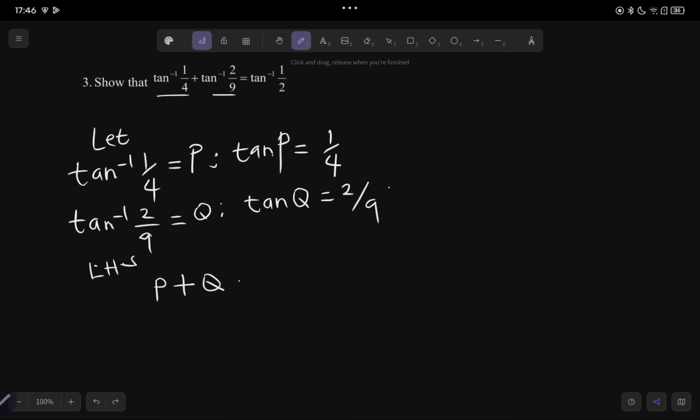Now, since we have tan inverse on the right, we introduce tan.